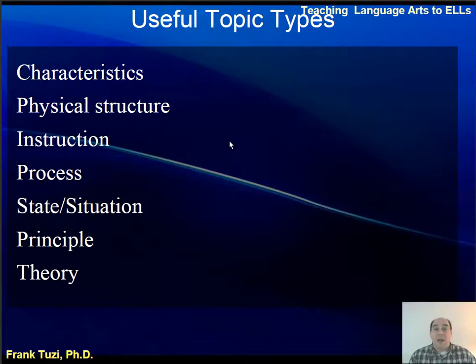Nation listed a number of types of topic types. He listed them as characteristics. If you're describing maybe a descriptive type of paper or a lecture where you're describing the elements of something, you could be talking about the physical structure of something, again, where you're describing the physical elements in a particular item or idea. Going on here, instruction, again, which is kind of like the how-tos.